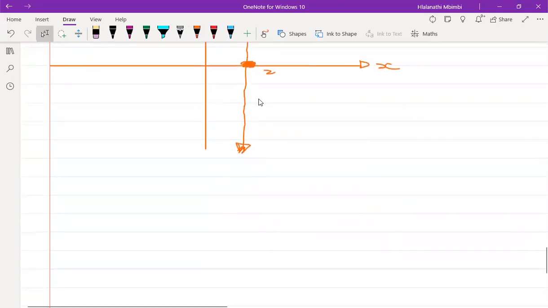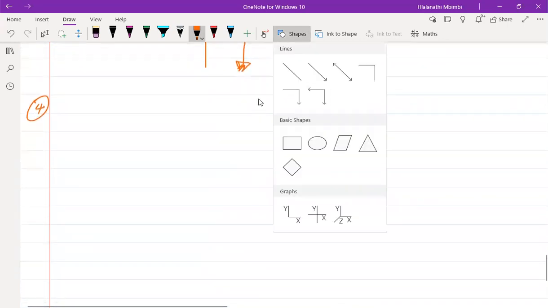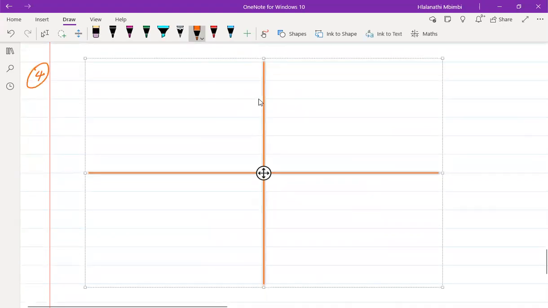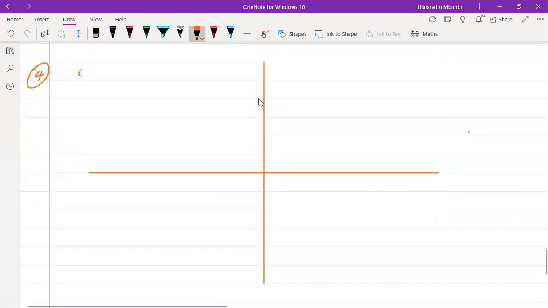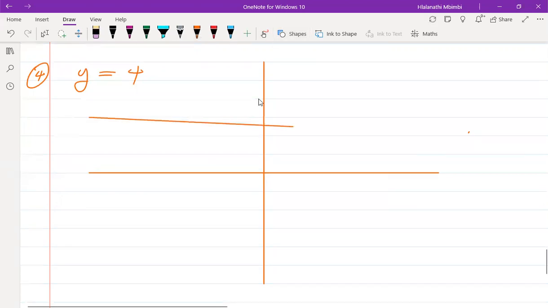Lastly, from my side, in terms of drawing these functions, I will draw the following function. Y is equal to 4. And this one is nicer to explain.